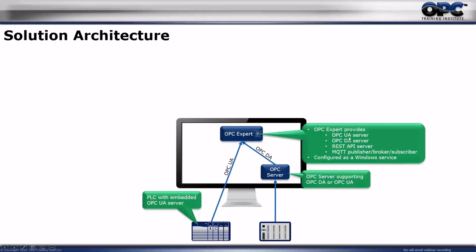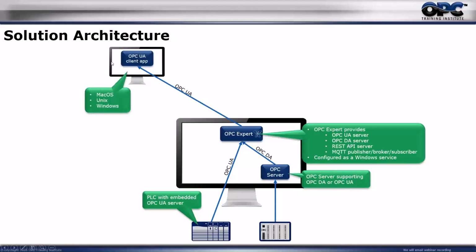Let's just talk about this for just a moment. So if you want to go out with UA, you need to have a UA application running on some computer somewhere. So this can be anything, Mac OS, Unix, Windows, but this is a UA client, and you can do that with any client. Any client you have will grab data from OPC Expert. They all will.